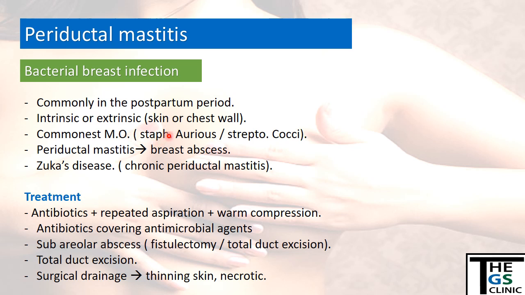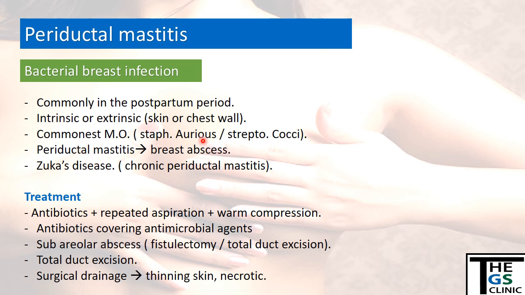The most common microorganisms found in mastitis are Staph aureus and Streptococci. Why are these the most common? It's because they are found on the skin and they can go through the duct or from the skin inside to the breast tissue.